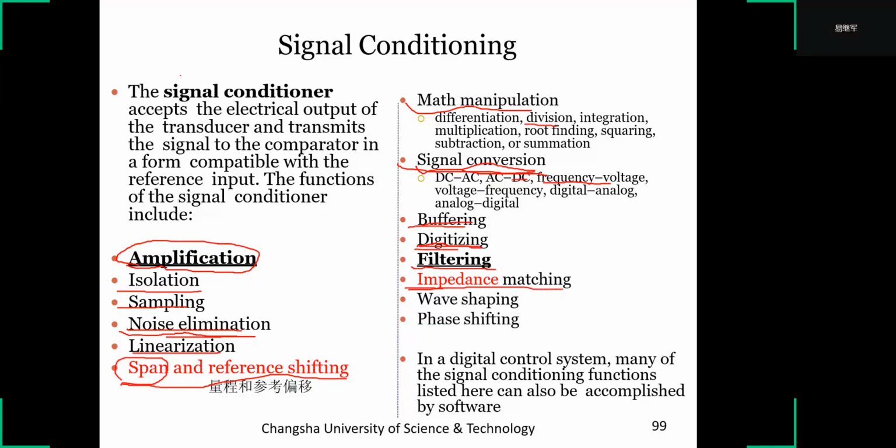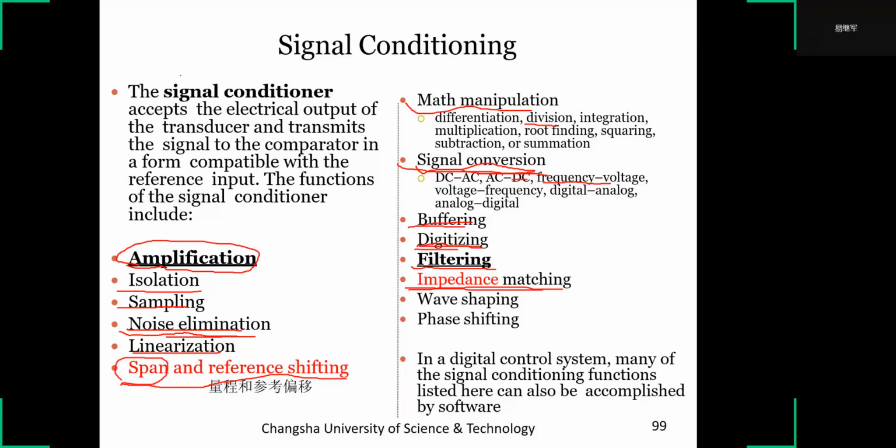Impedance matching. Sometimes if we connect the signal to another device we need the impedance to be matched to the device.